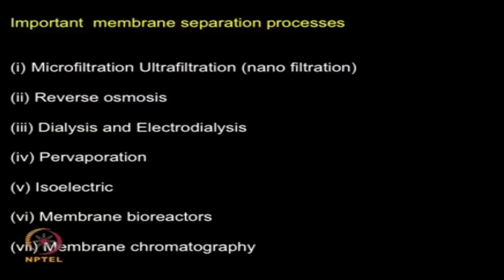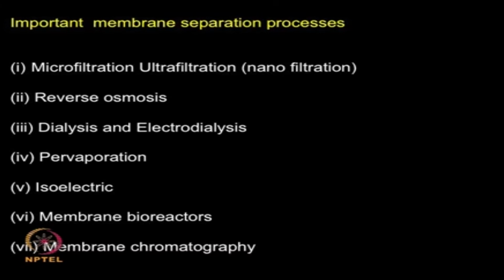Then we looked at membrane bioreactors. So where you are combining extraction or removal or filtration of the metabolites in a fermentation broth, but simultaneously carry on your fermentation. So you are combining two things, the fermentation or biotransformation with separation.